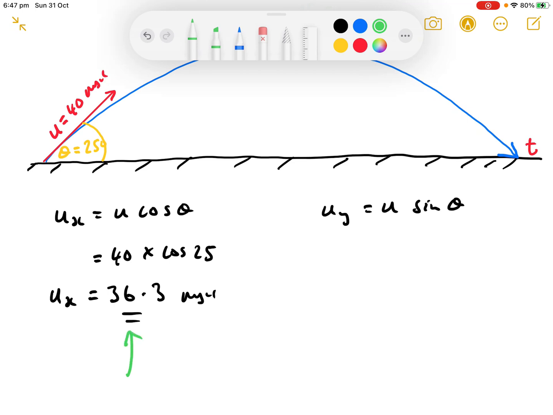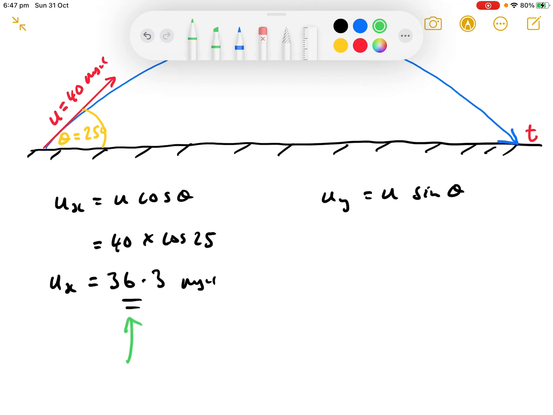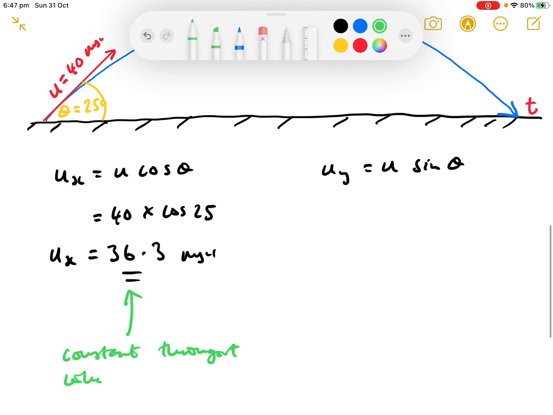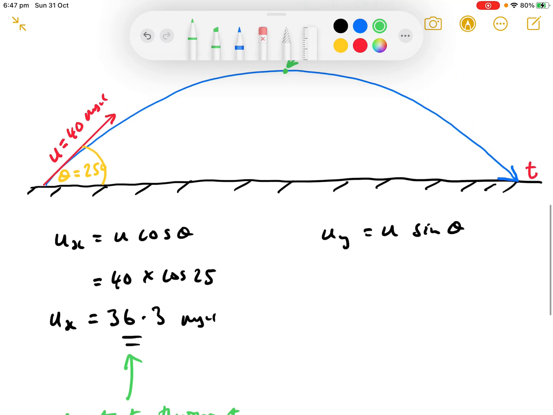And this horizontal velocity at launch is constant throughout the whole of the motion.